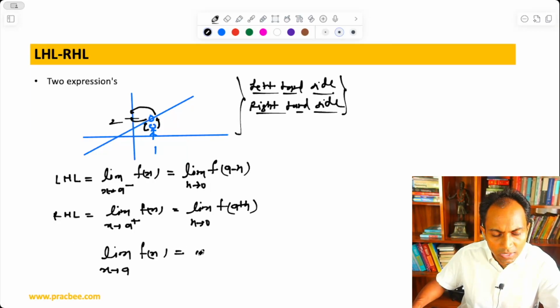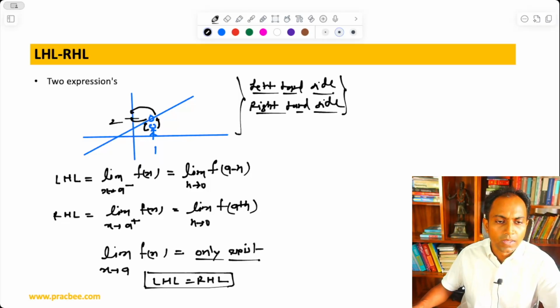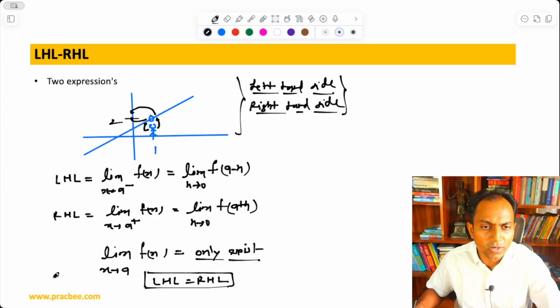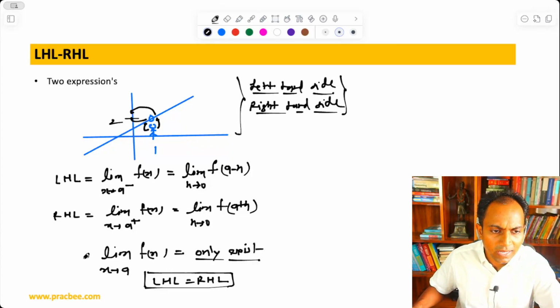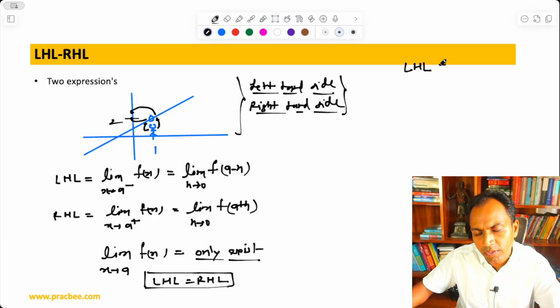This will only exist when LHL is equal to RHL. This is very important to understand, that the value will only exist then, and if in a certain scenario both of them are not equal, like LHL came out to be a different value and RHL came out to be a different value, then they will become unequal and we will call it limit does not exist.